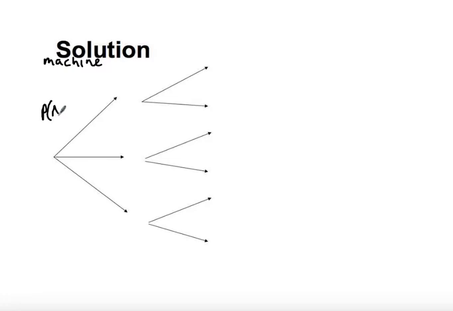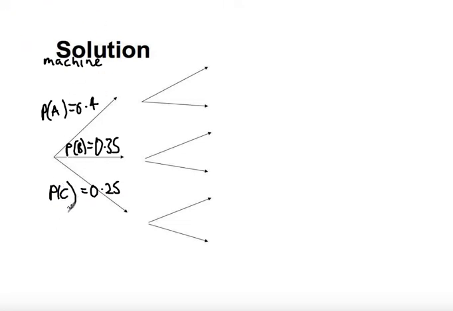I've got machine A. Machine A produces 40% of the clips, so I've got 0.4 for machine A. We have machine B. Machine B produces 35% of the paper clips, so we've got a probability of 0.35, and machine C produces 25% of the paper clips. Let's just make that clear that that is a C.